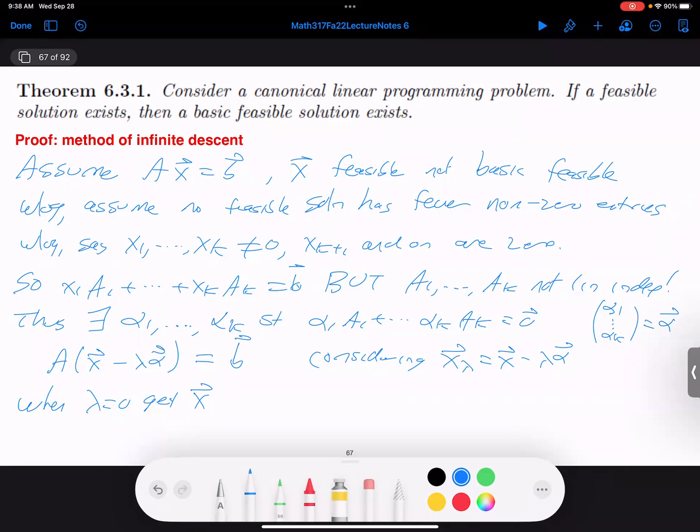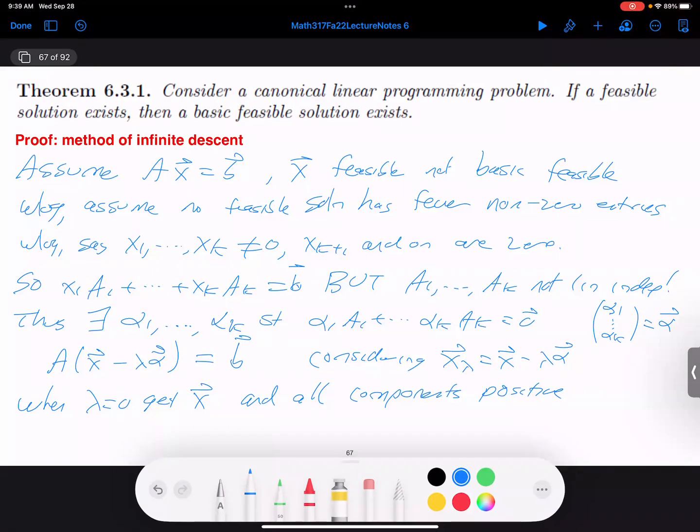As we increase or decrease lambda, what's eventually going to happen? And all components are positive. Let's say for simplicity, all the components of alpha are positive as well. Just let's make things easy in the beginning. So all the components of alpha are positive.